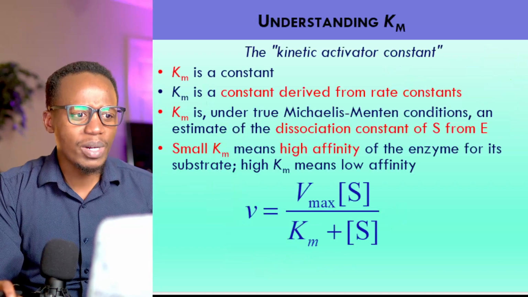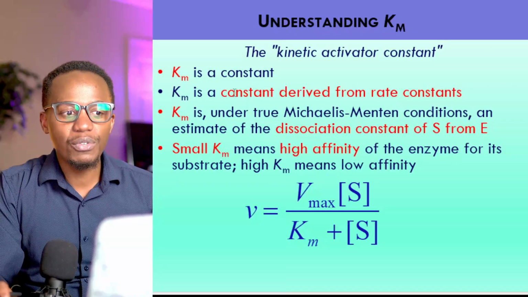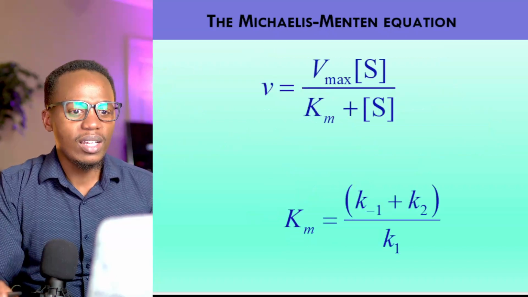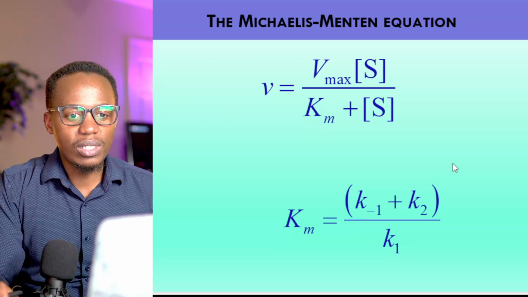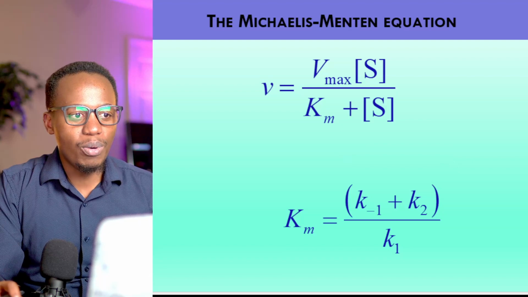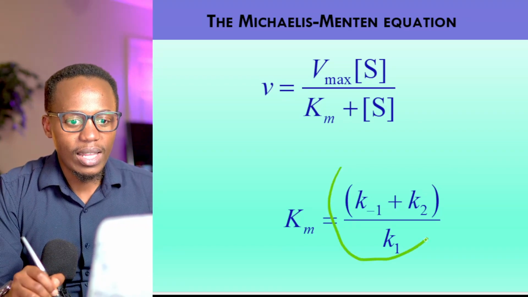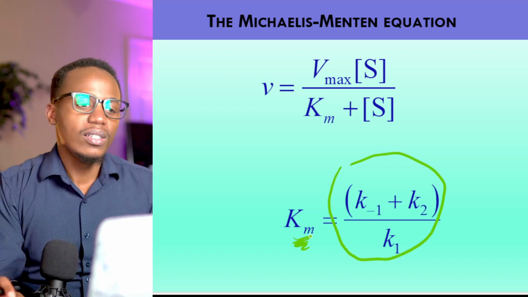A little bit about Km. The Km is a constant, and it is derived from rate constants. So going back to the Michaelis-Menten, if we were to derive it ourselves, when you are setting up the equations, you get to a point where you have this right here, and this is what we call Km, right?